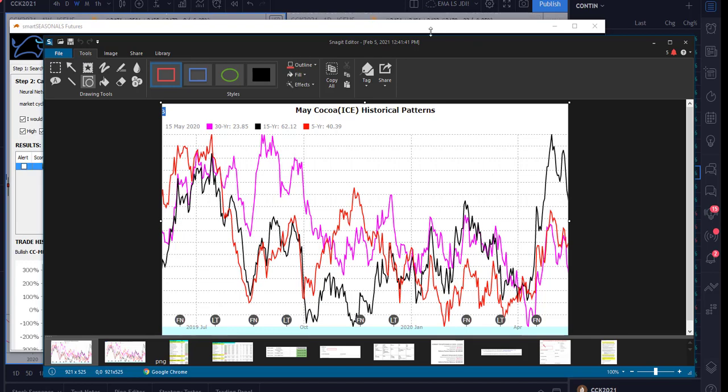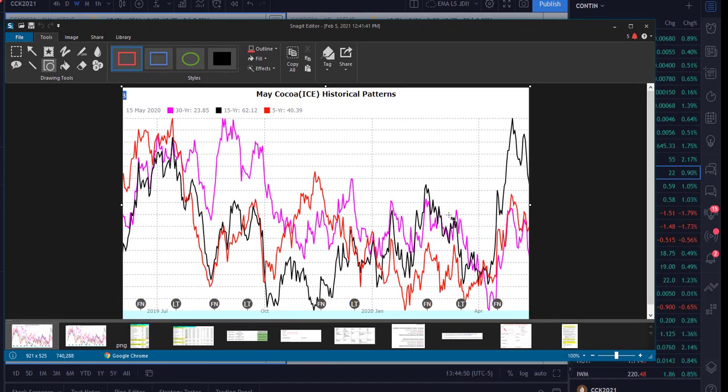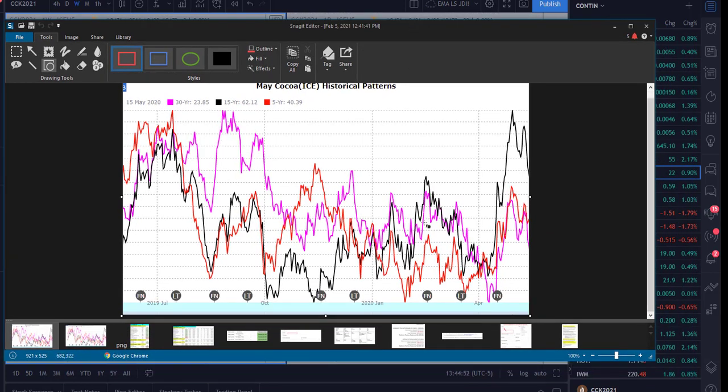Now, I did also want to share this snapshot from the 5, 15, and 30-year historical price basis. Right in here is the end of January, early February. Notice that we have the 5, 15, and 30-year historical price averages all bottoming out and then up into the end of February time frame, which we just talked about.